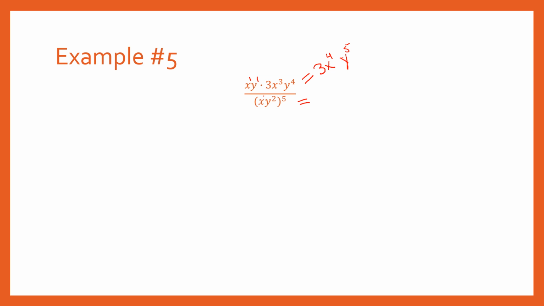And this, again, if it does not have an exponent, it's to the first power. So when we multiply, this becomes x to the fifth and y to the 10th. Remember, product rule, add the exponents. Power rule, multiply them.